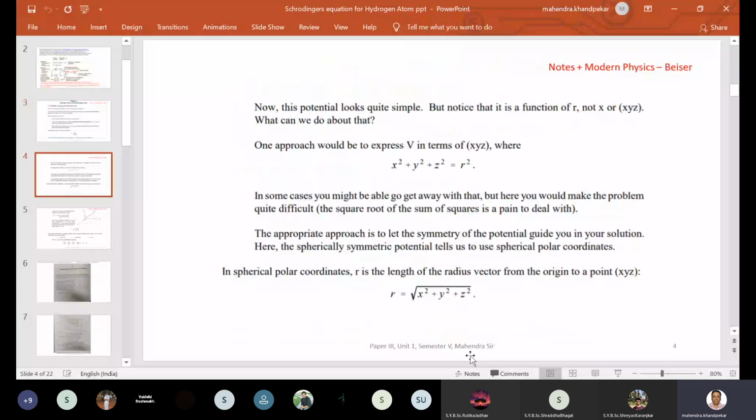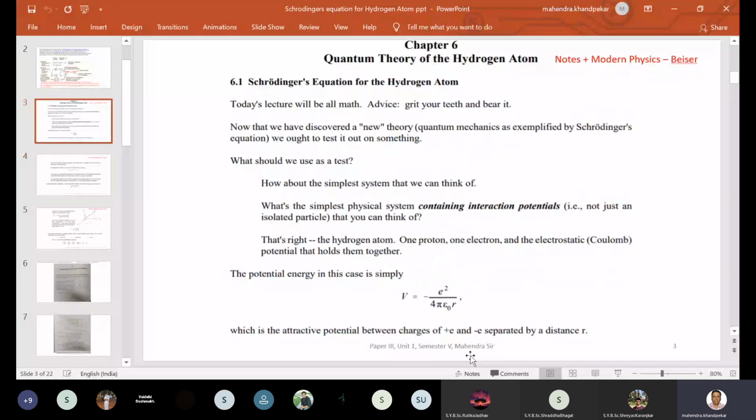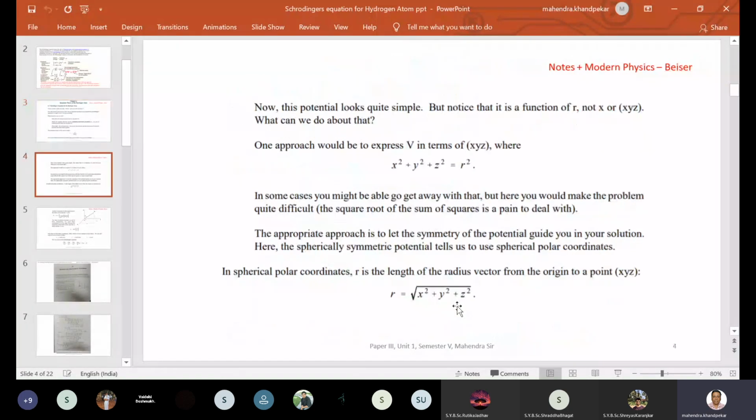So if you look at that equation, you see that V is a function of r only, that is the radius vector only. So the potential looks very simple, but the potential is a function of r and it is not a function of x, y or z. These are the Cartesian coordinates.